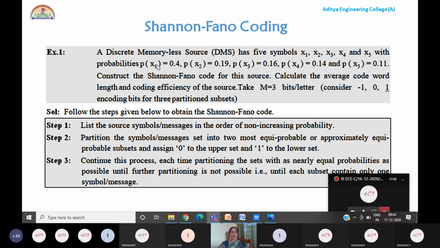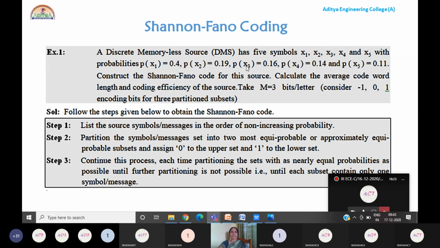First, please verify whether all the given probabilities are in decreasing order or not. If they are in decreasing order, you can directly mention them in the table. If not, you have to arrange them in decreasing order, and accordingly represent the order of symbols.